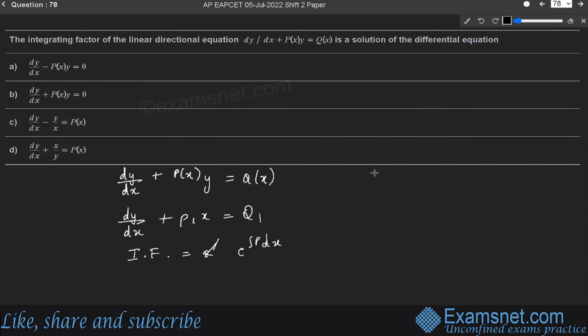Since its integrating factor is e to the power integral of p dx, therefore we can say that this will be a solution of the differential equation dy by dx minus p of x into y is equal to 0, because here the integrating factor is e power integral of p dx. So the correct option for this question will be dy by dx minus p of x into y is equal to 0, which is option number A here.